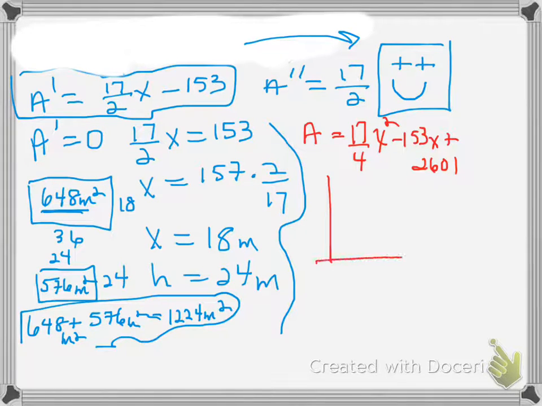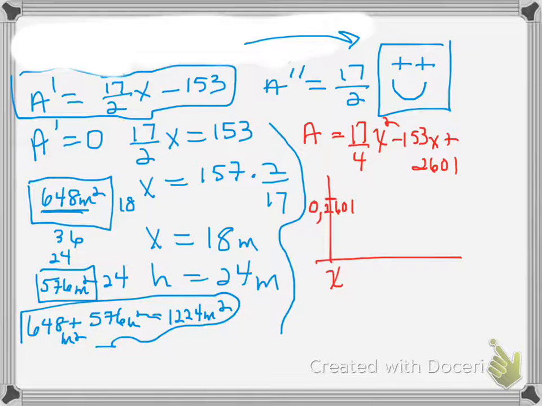So where should we graph it? So let's see what we have. Since I'm dealing with my x and I'm using that to get my best answer, I know that if my x is 0, my y-intercept, which would be right here, is going to be 2601. So this is an endpoint solution right here.